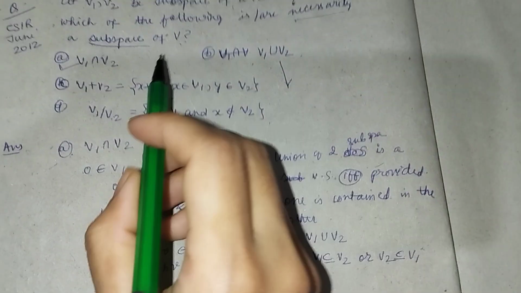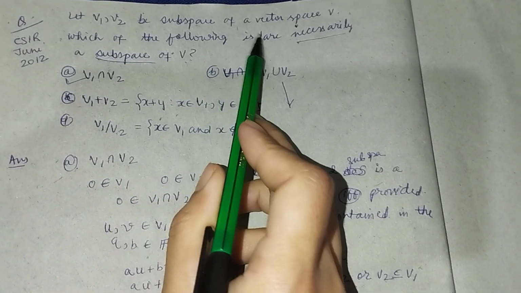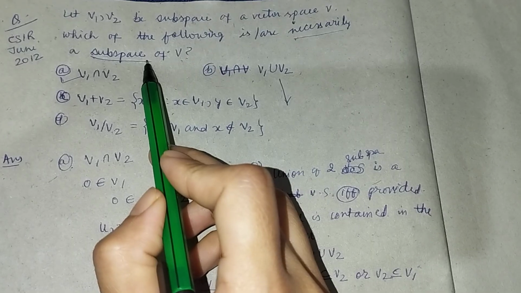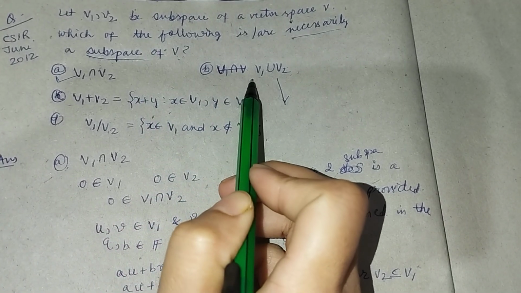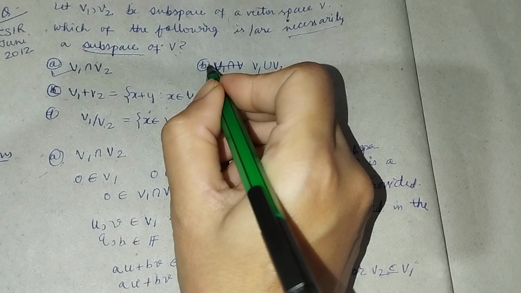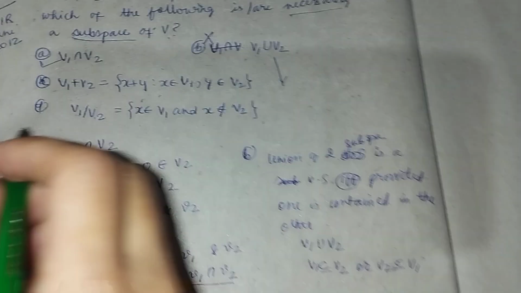Here there is no mention that V1 is contained in V2 or V2 is contained in V1. So option B will be discarded.